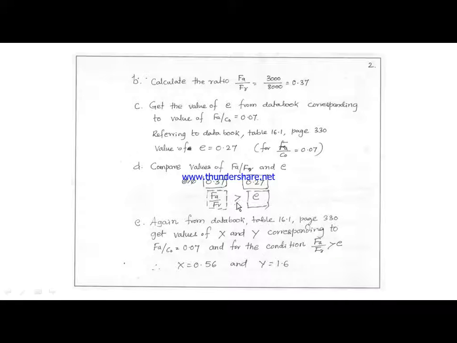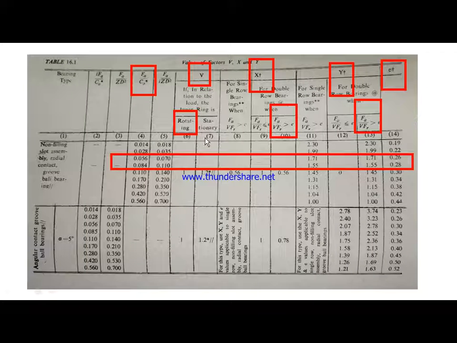For this condition, FA by FR greater than E, referring to tables, we have to get the value of X and Y. Again, let us see. So this is X value column, and in that FA by FR greater than E. For all values of FA by C naught, X value is 0.56.